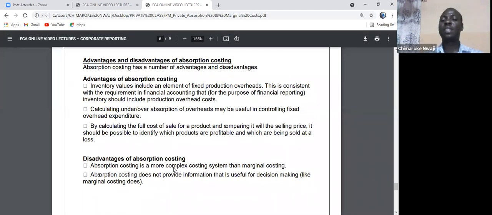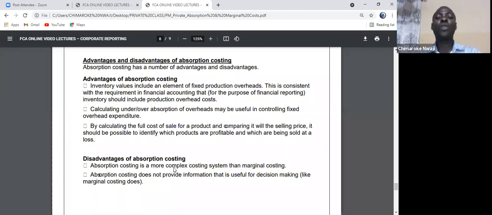And this is consistent with the requirements of financial accountants, because in financial accounting, you have to report both the fixed and the variable cost overhead. And that is an advantage for absorption costing. That's why the financial accountants use absorption costing. They want to know the true position of cost.